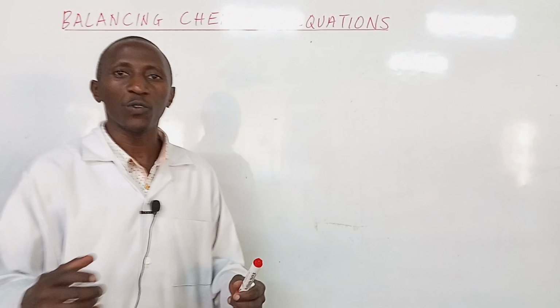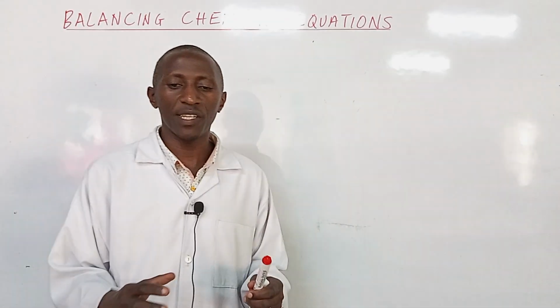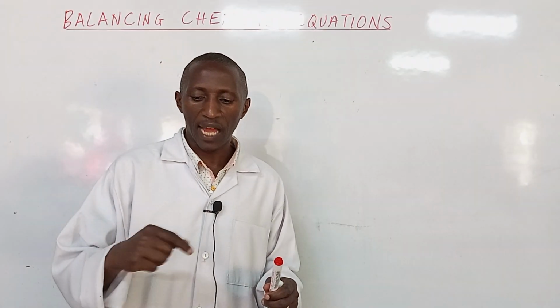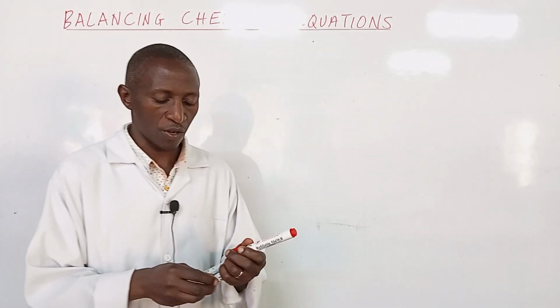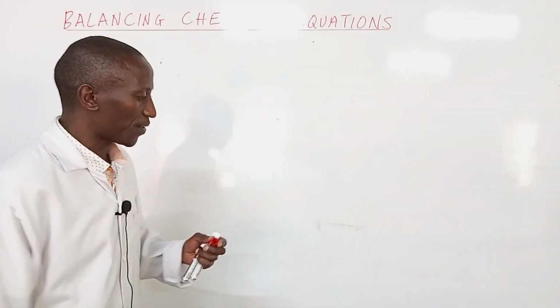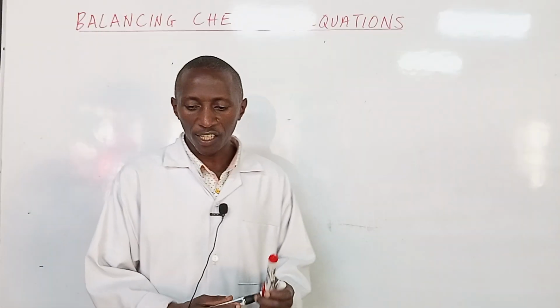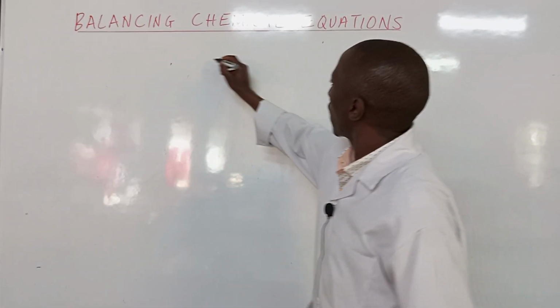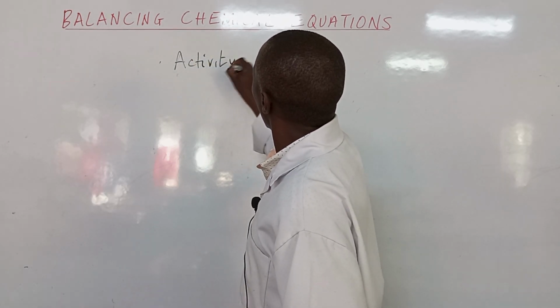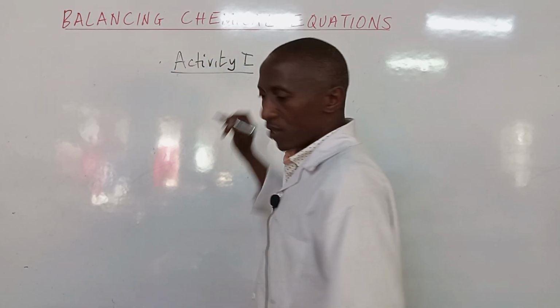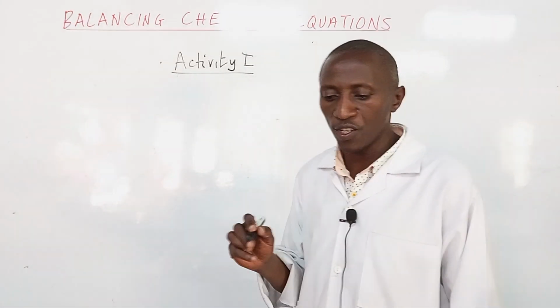So I'm going to give you some time, 1 minute or 2 minutes. I'll pause so that I'll allow you to balance the equation yourself. So we look at activity 1. In our activity 1, I would like you to balance the following equations.